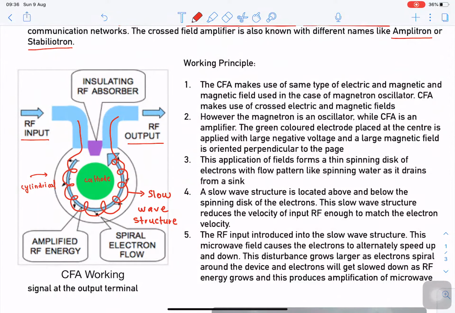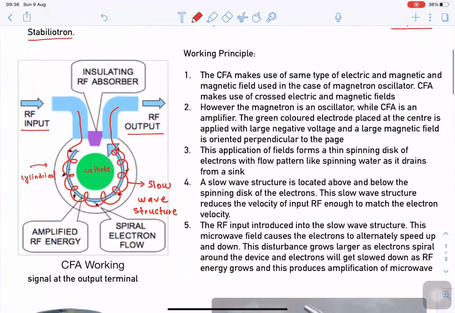A slow wave structure, as this particular tube is utilizing, means it is inheriting the feature of traveling wave tube. In traveling wave tube also we are utilizing a slow wave structure. So the cross field amplifier device or amplitron is a hybrid combination of traveling wave tube, as it makes use of a slow wave structure, and it also inherits some of the constructional properties from the magnetron.